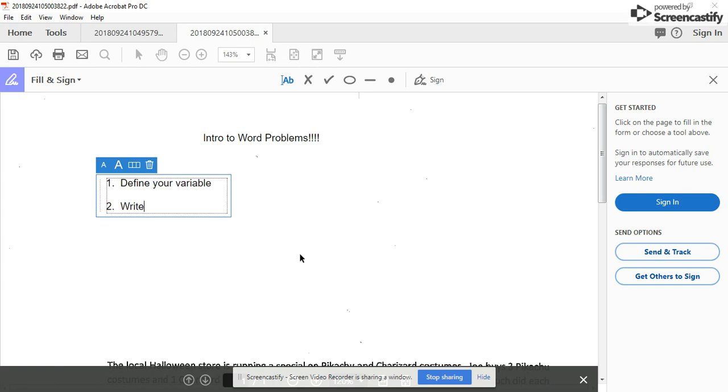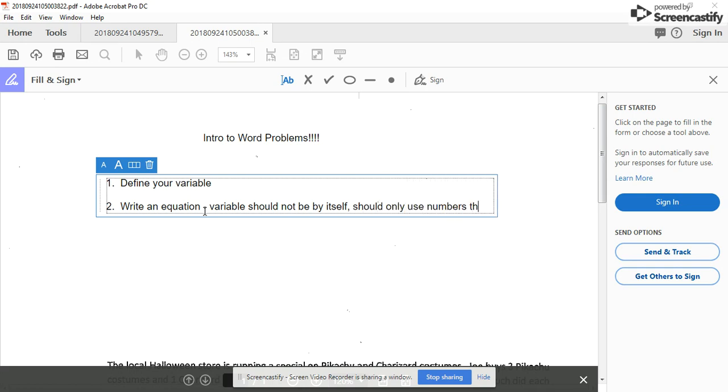Step two, you need to write an equation. Just a couple notes about this equation. The first thing is your variable should not be by itself. Another thing, you really should only use numbers that are in the problem or that are given to you.